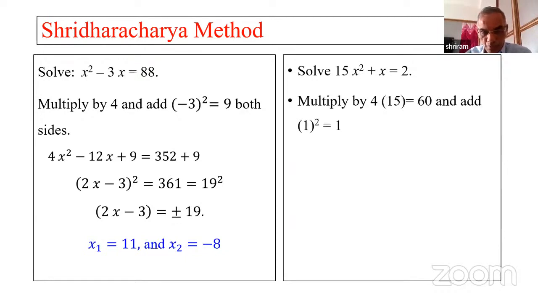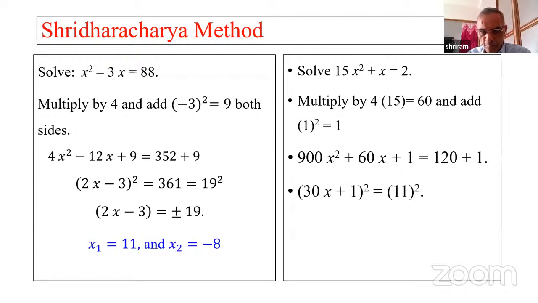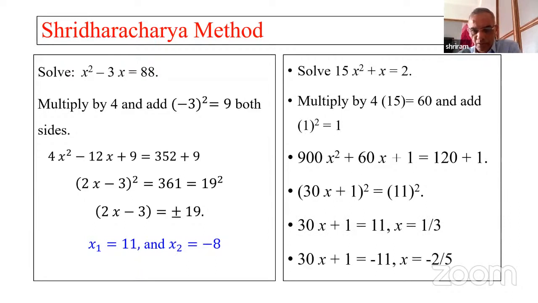First term, second term will be 900x square plus 60x. I'm multiplying by 60. So don't worry about the numbers. Don't fear the numbers. You are Vedic mathematics students, so no need to fear multiplication. Then 30x plus 1 equal to 11 square. That gives me 11 and x equal to 1 by 3 as one root.